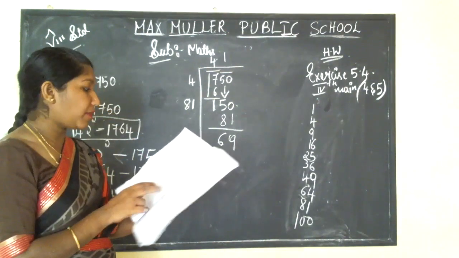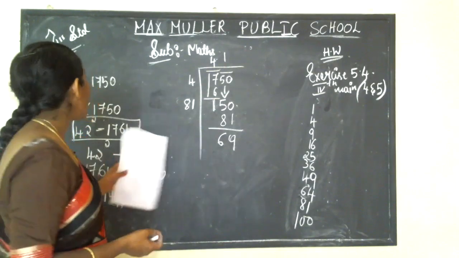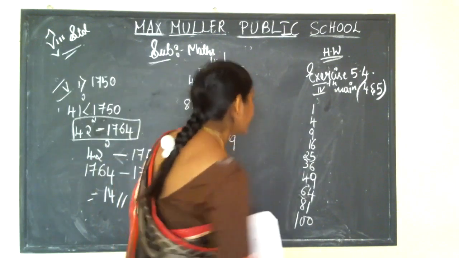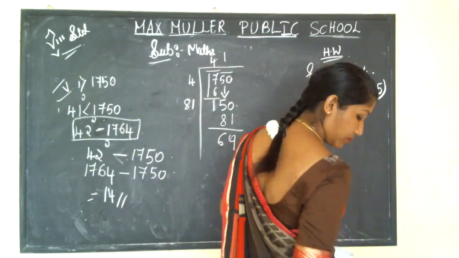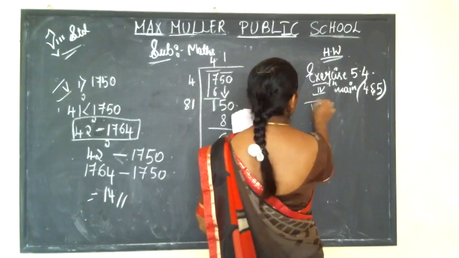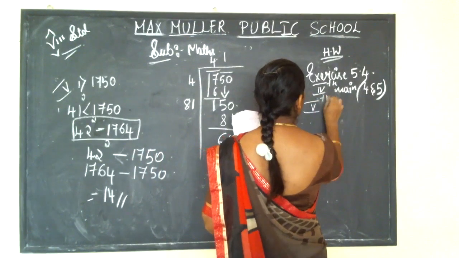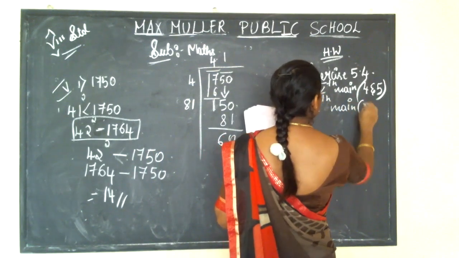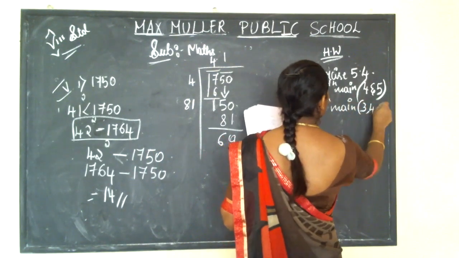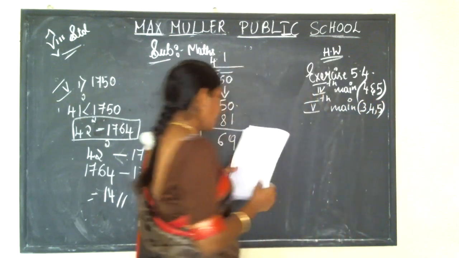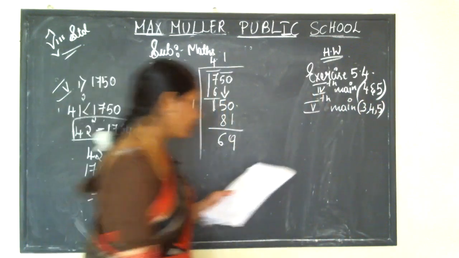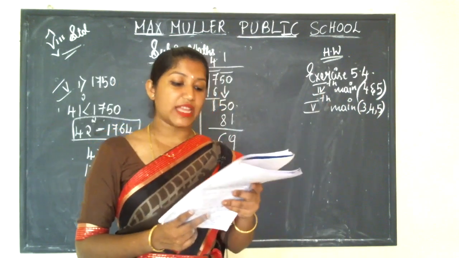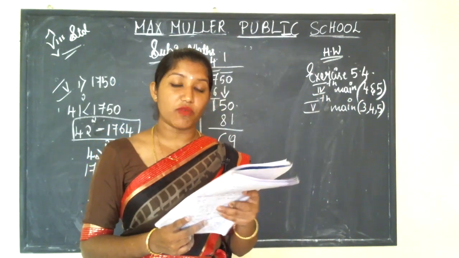Next problem, 3 problems are there. You have to take them as homework problems. Next, find the length of the side of a square whose area is 441 meters square.